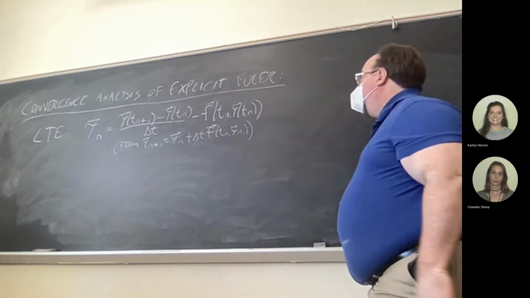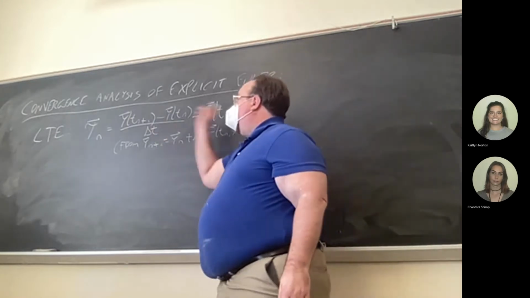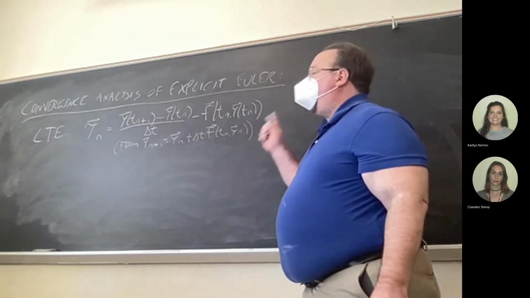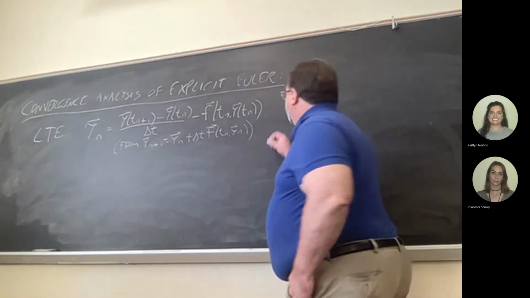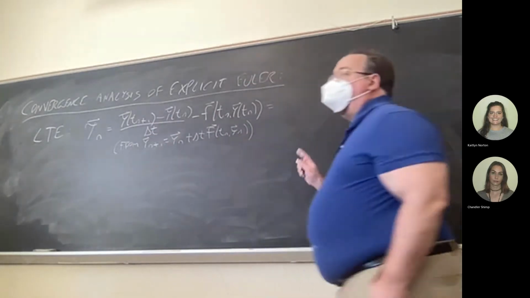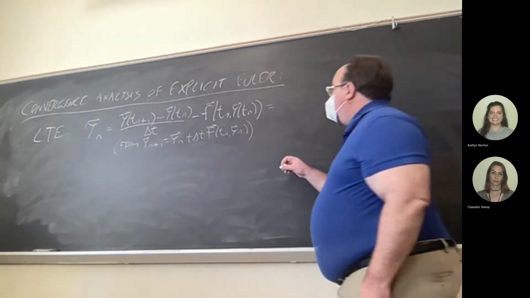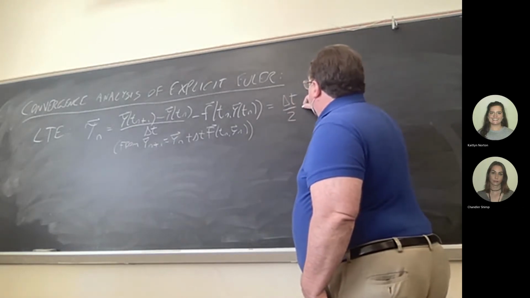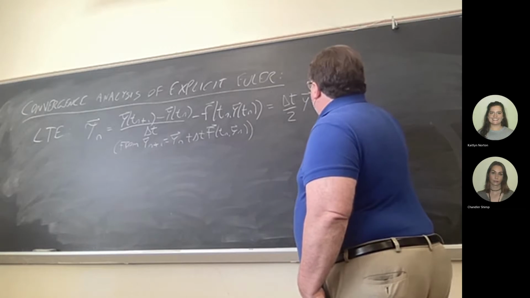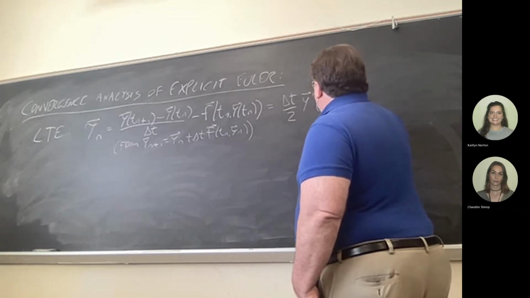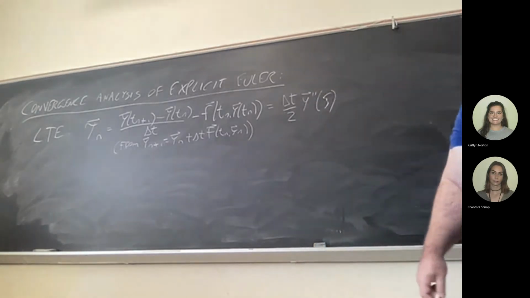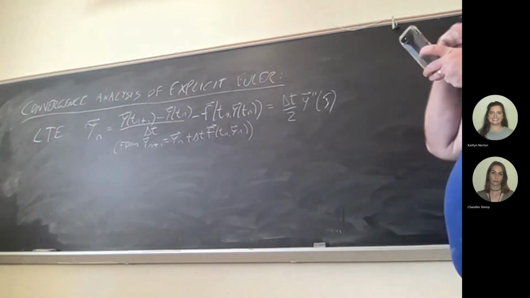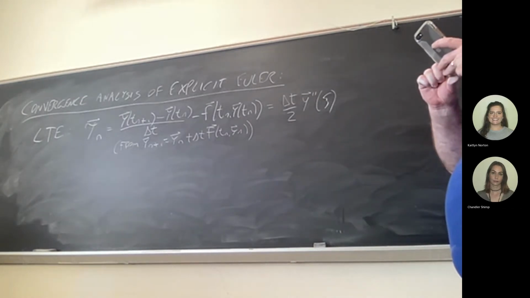Now, in this case, because y is the exact solution, we know by Taylor expansion that this is equal to delta t over 2 times y double prime at some unknown time, squiggly.